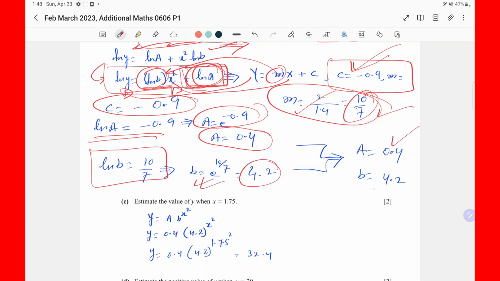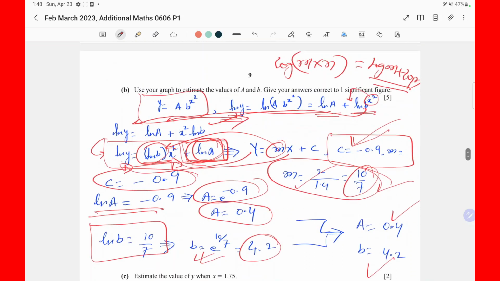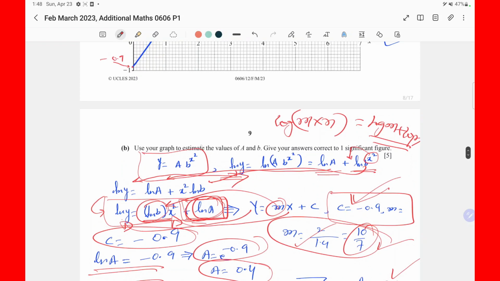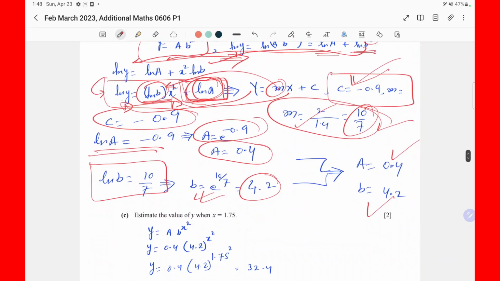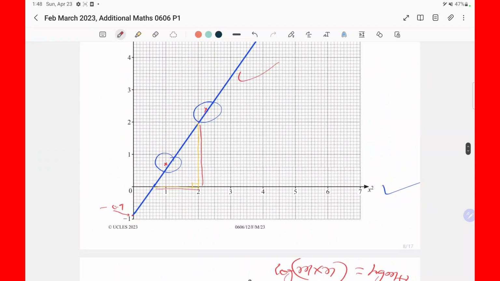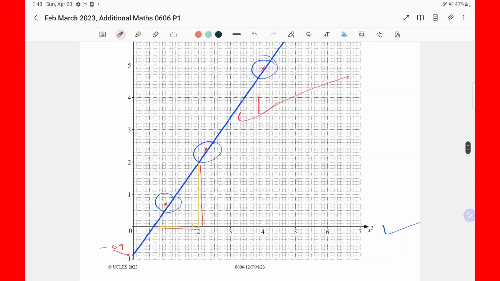So a is 0.4, b is 4.2. Please note that here you might get a different answer. They will give you some range for this answer, because here it is already written to find an estimate. So you will not get an exact answer because of this graph.